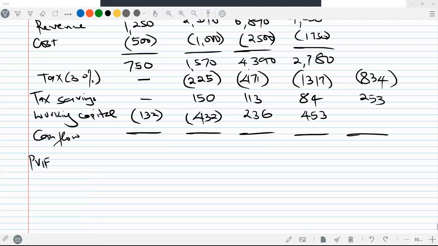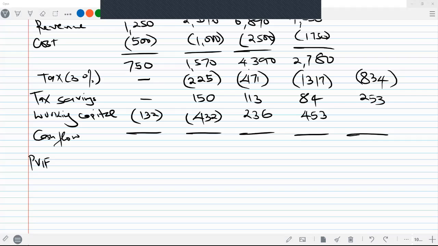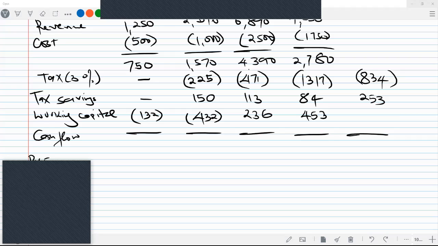Since these are not nominal cash flows, these are real cash flows, we discount at what rate? Don't calculate. I just want you to mention at what rate you discount them. Brian?